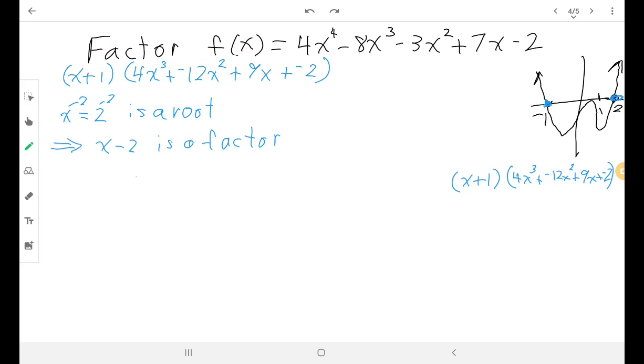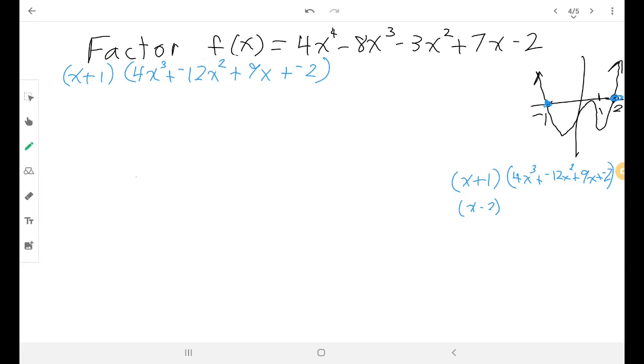So we know we're going to have x minus 2. Also, I'm going to write that off to the side so I can erase this stuff, so I have room for the long division. And remember, I'm recording this so you can go back and look at even the things that I have erased.